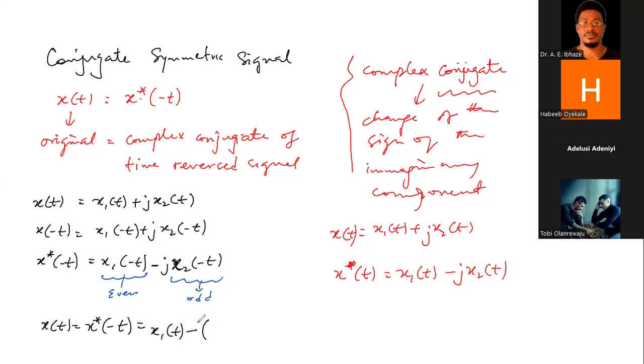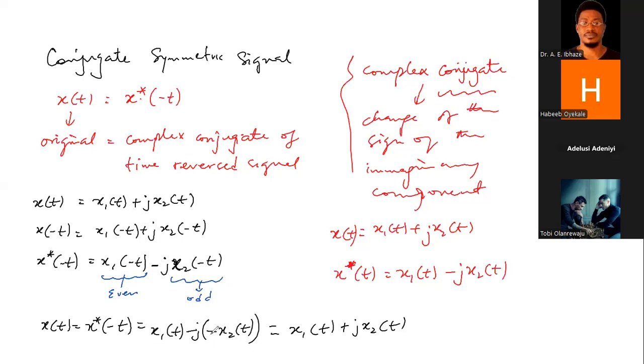Now minus j into bracket, and S2 of minus t, being odd, will be minus S2 of t. So technically this will be S1 of t, minus times minus, plus j S2 of t.